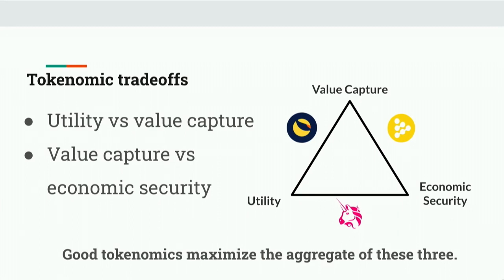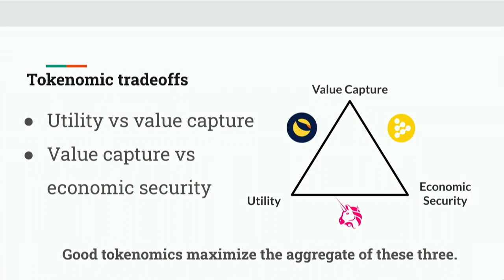And it's really difficult for Uniswap to capture value now because they've baked in their utility and value capture in their non-upgradable contracts. Side note, I definitely recommend not having upgradable contracts, but that makes it all the more important to design utility and value capture in from the beginning. You can't just capture value later.